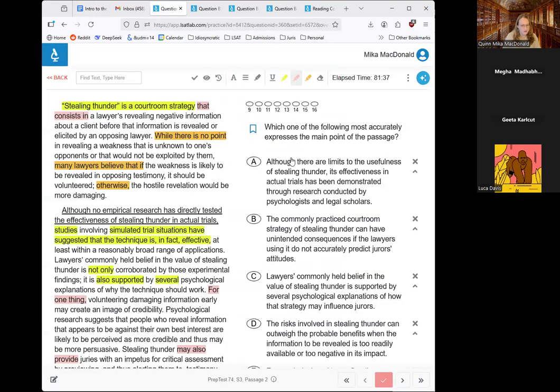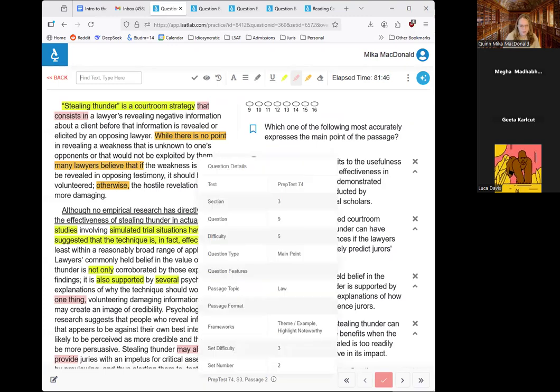So this is Stealing Thunder, the short name for this passage. It's from Prep Test 74, Section 3, Passage 2. And I think that would make it Prep Test 141 in the new numbering system.